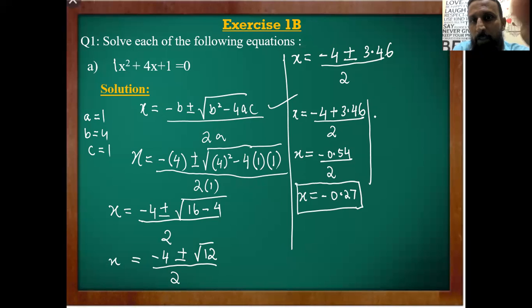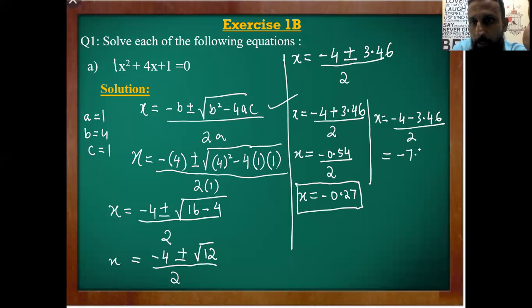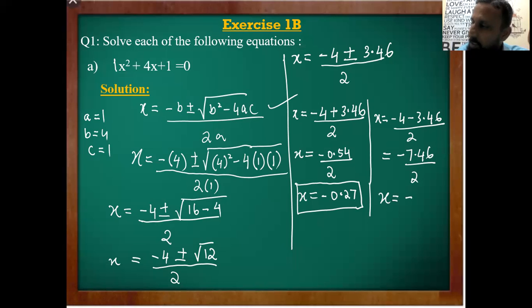So the second part of the solution, x equals negative 4, negative 3.46. Again, you are allowed to use a calculator. You can add up the two negative numbers, negative 4, negative 3.46, 3 and 4 becomes 7. So it will be 7.46 divided by 2. Negative 7.46 divided by 2 is negative 3.73.